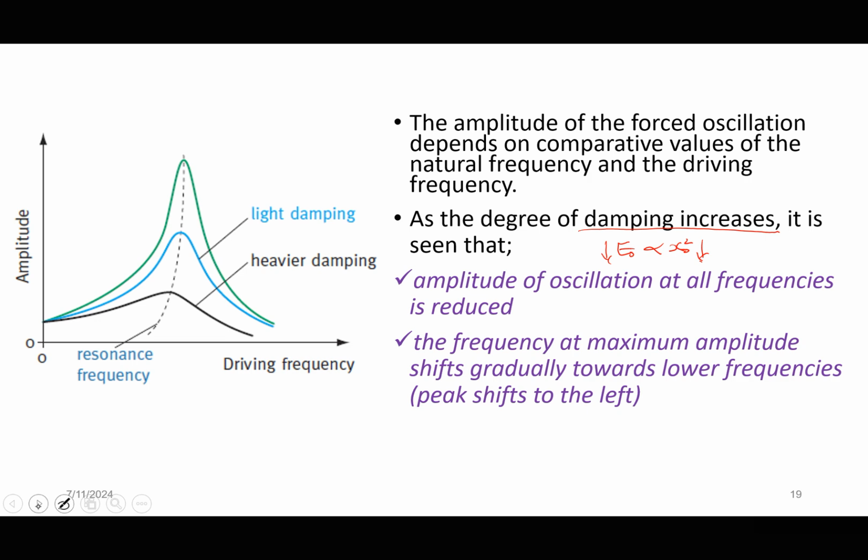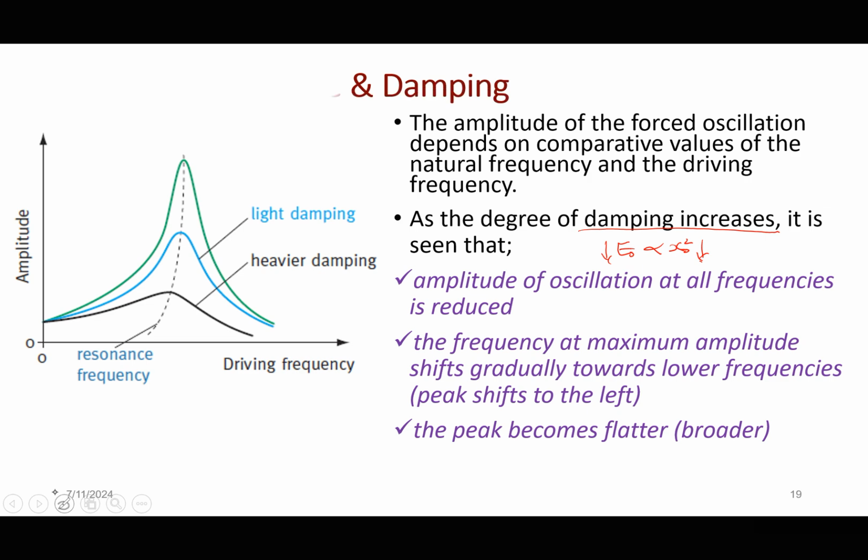And by the way, the peaks also become flatter. Because of damping, as we have more damping, we shall have a wide range of frequencies for which the amplitude is maximum. So the peak becomes flatter, as demonstrated by these peaks here. If damping was increased even further, then we would have something like this.